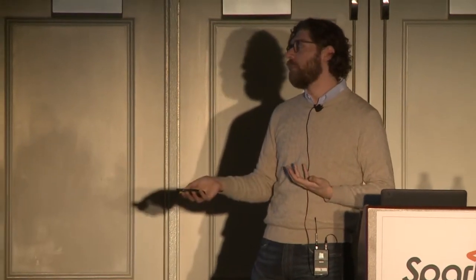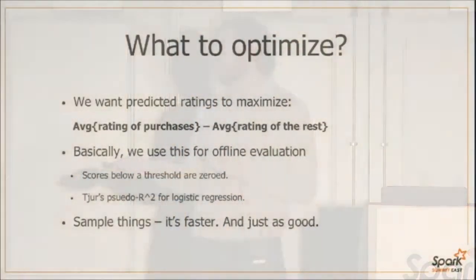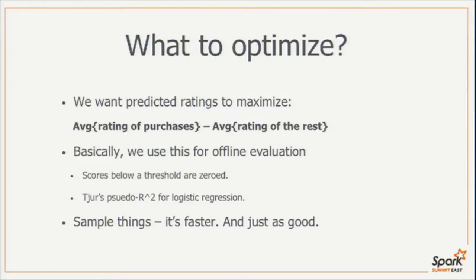You also then need this function. OK, I'm cross-validating to optimize some target. What is that target? What we're using is the predicted ratings: the average predicted rating of purchases versus the average predicted rating for everything else. Essentially, how can we test whether what we're doing is right in an offline environment?